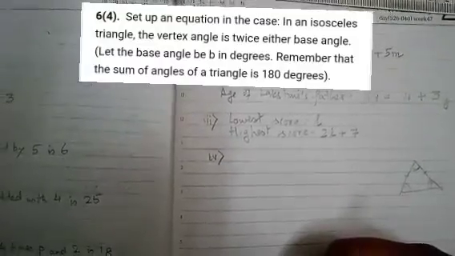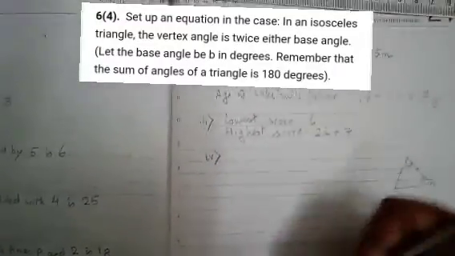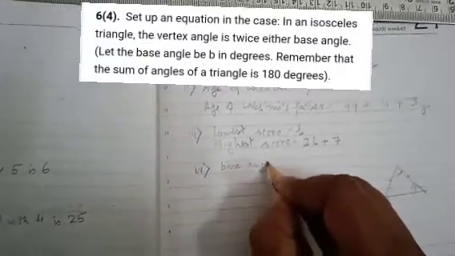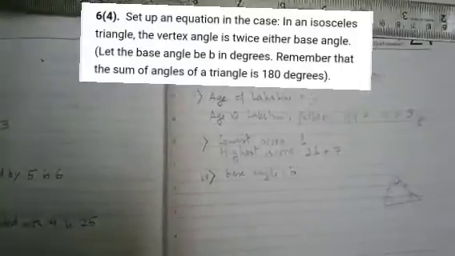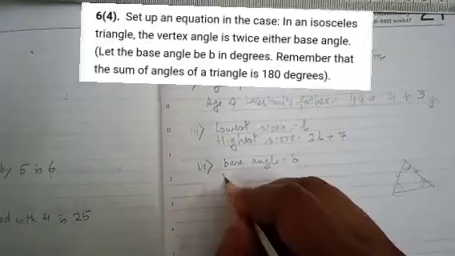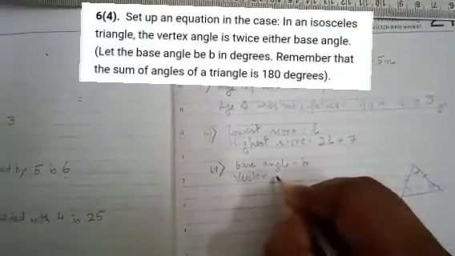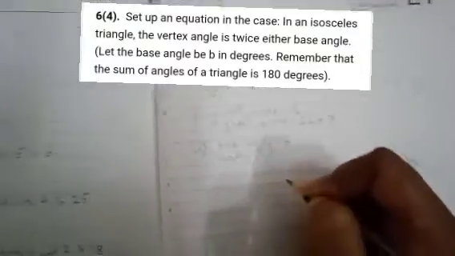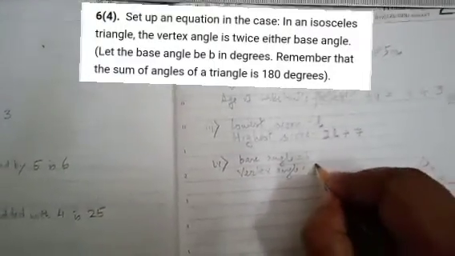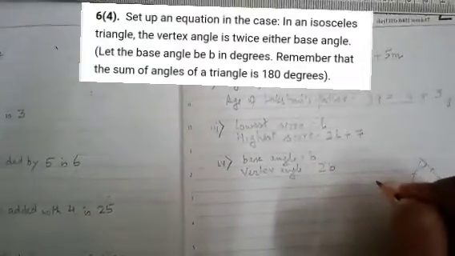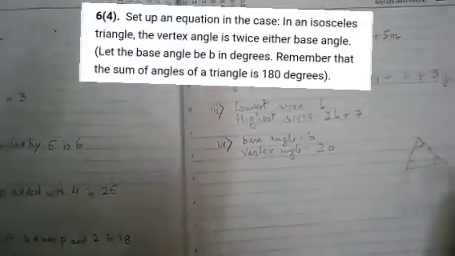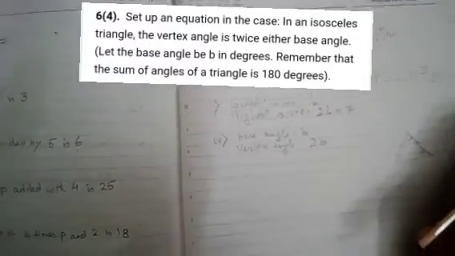So the vertex angle is twice either base angle, right? And it is told that the base angle is B. So the base angle is equal to B. What is the vertex angle? Twice the base angle, right? So it is 2B. Now I have to set up the equation.